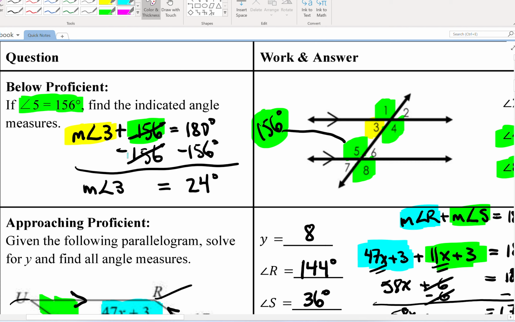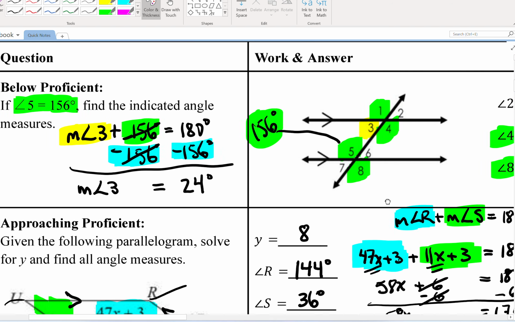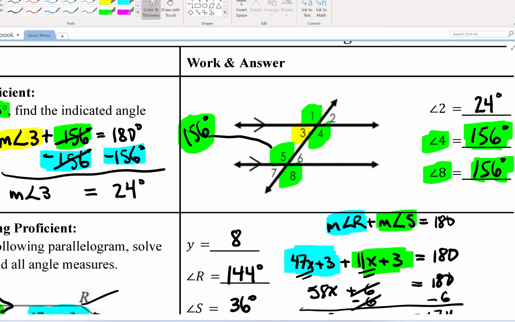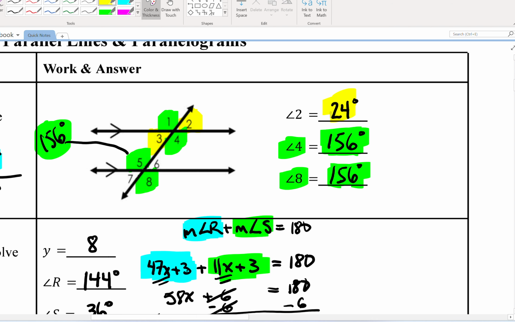Entonces, se resta 156 de ambos lados, eso elimina el 156 en la mano izquierda, y en la mano derecha 180 menos 156 es 24 grados. Pero si 3 es 24 grados, 2 es un ángulo vertical con eso y siempre son iguales, entonces 2 también mide 24 grados.